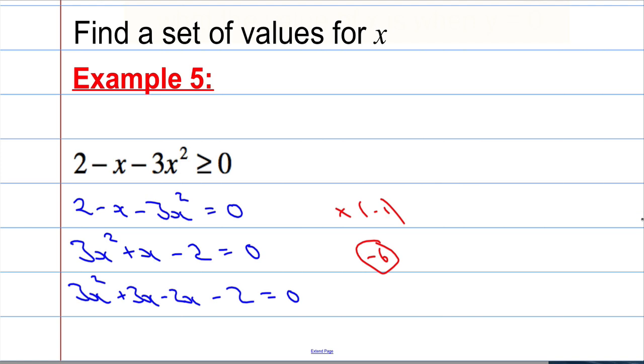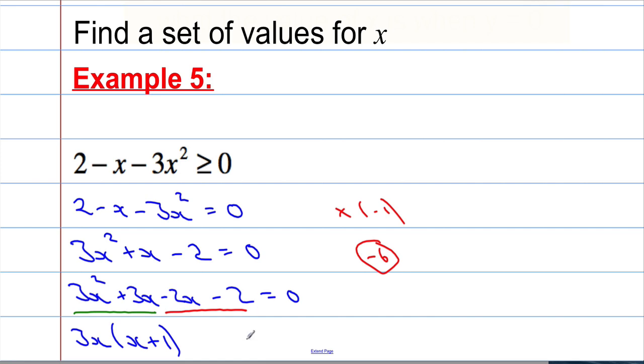So we're going to group these now. I'm going to factorize this, and then separately I'm going to factorize this. Out of these two I can factor out 3x, and that leaves me with x plus 1.